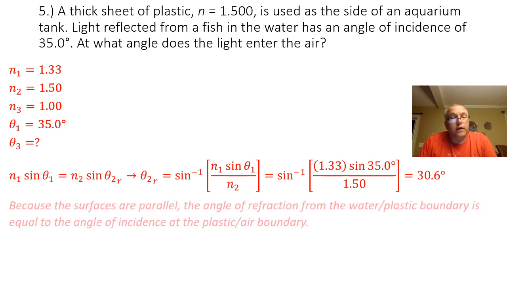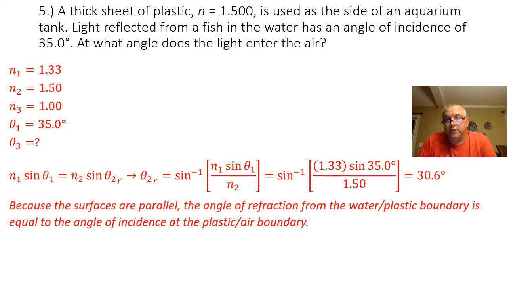And again, because the two sides of the sheet of plastic are parallel to one another, according to my alternate interior angles, I know that the angle of refraction from the water-plastic boundary is going to be equal to the angle of incidence at the plastic-air boundary. So theta 2r is going to equal theta 2i.